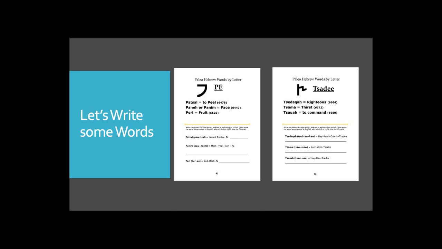All right, so our next word is tasua. The phonics on that is TSAW-UAU. I am sure you'll do a good job on it. It means to command. Number 6680.